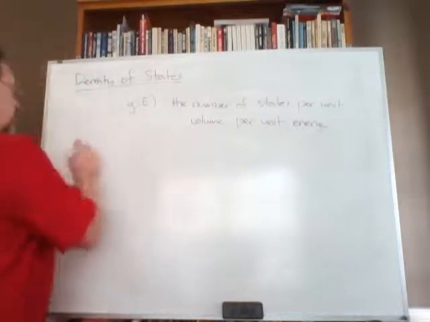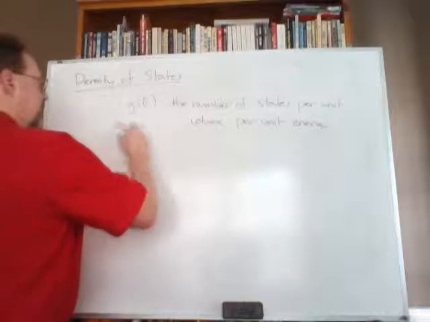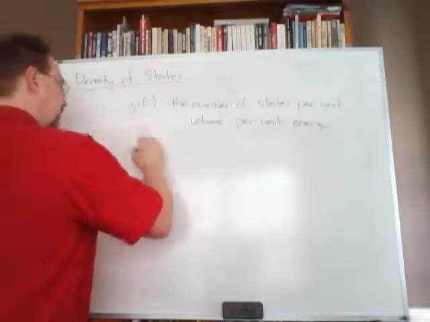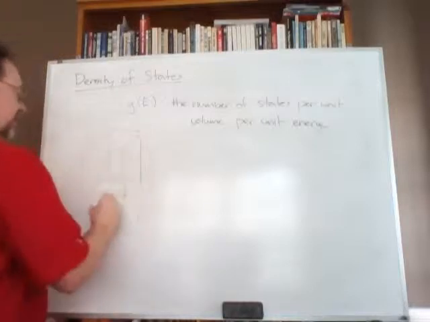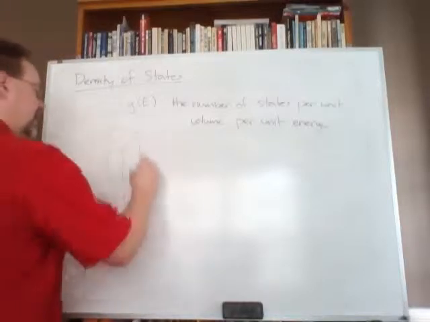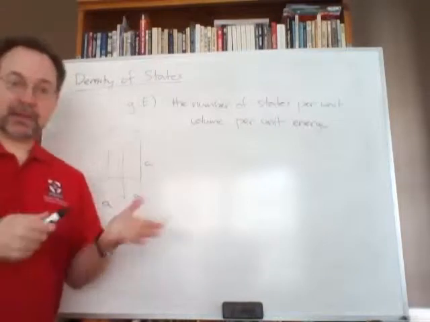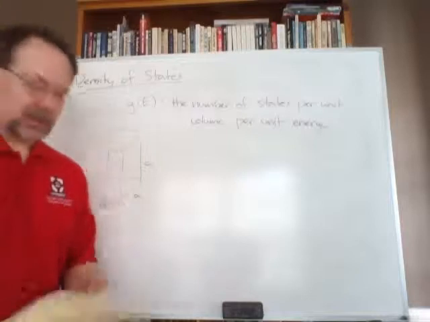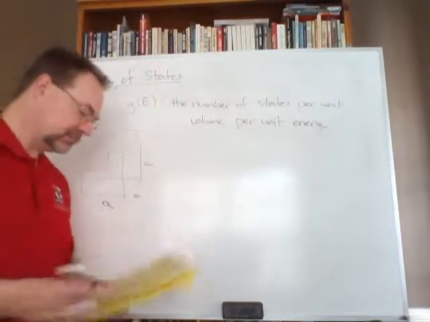So we can have a large box that defines where our particle is confined, and this would be our semiconductor. It's a by a by a, and those are just dimensions of length.